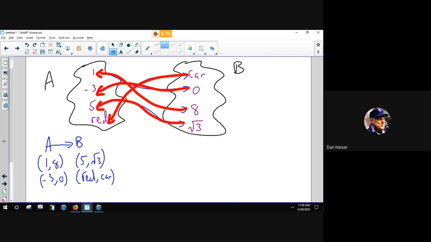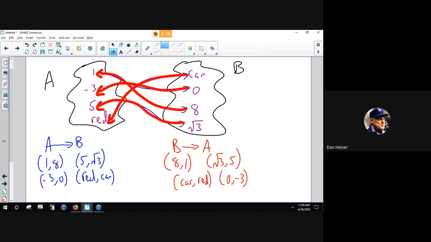But now, for the inverse, we have B going to A. So now, instead of 1, 8, we have 8, 1. We have square root of 3, 5. We have car, red, and we have 0, -3.